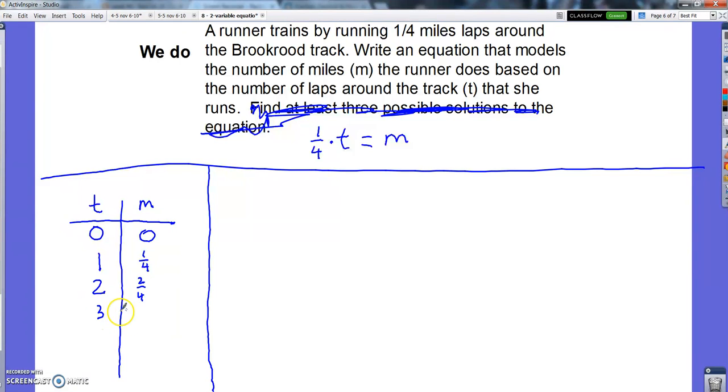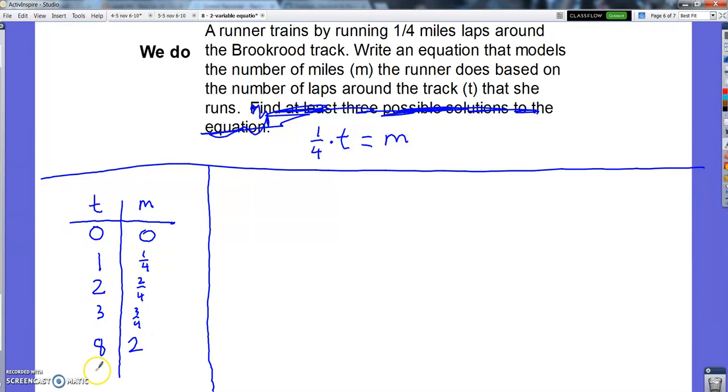She could run 3 laps, which would be 3/4 of a mile. And then maybe I'll skip to some longer ones, and I kind of talked about logical ones yesterday, right? Like saying, well, if I do a multiple of 4, I'll have a whole number of miles. So maybe I might pick 8. Say another possible solution is she runs 8 laps, which is 2 whole miles.